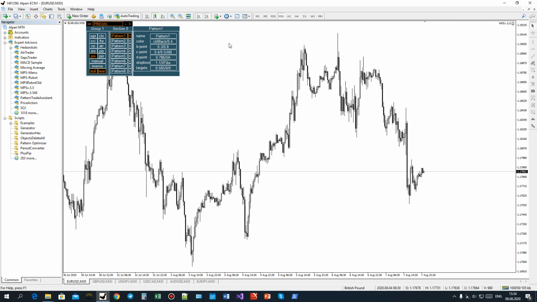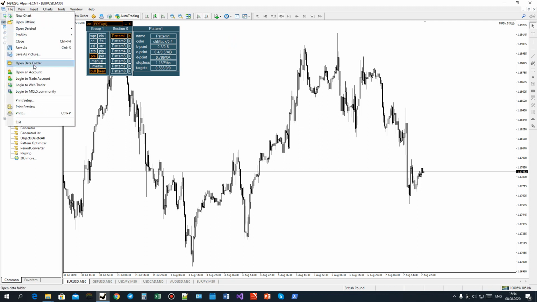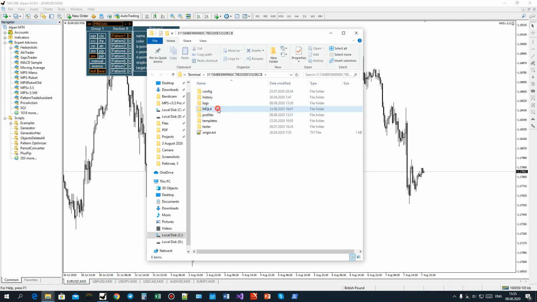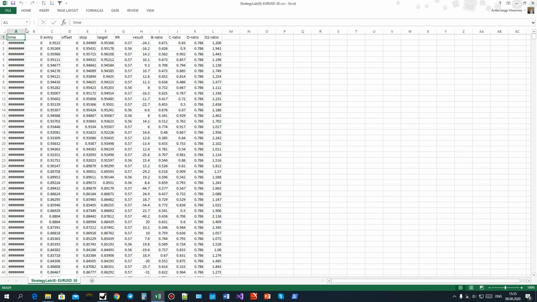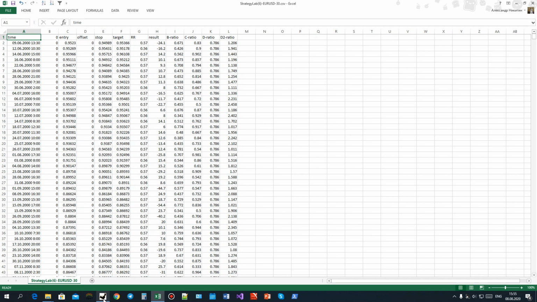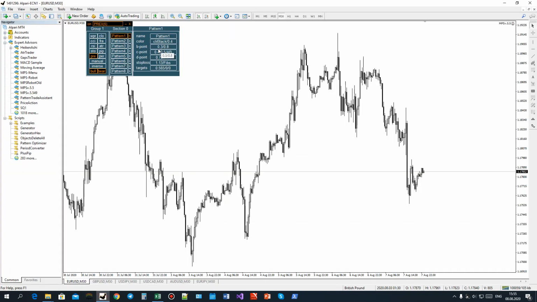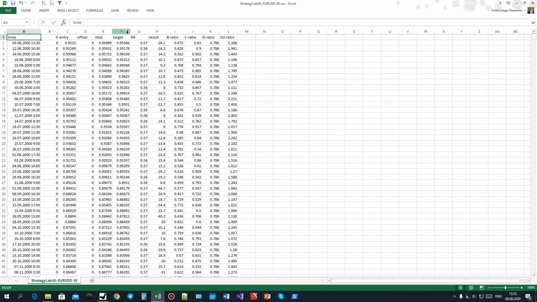So if we go to the file, MQL4, files, and Euro-Dollar 30-minute, yes, Euro-USD 30-minute, and go here, you know that this is the pattern of 0.3 to 0.8, so we should do the B point, C point, D point ratios, yes, and we should keep that formatting.